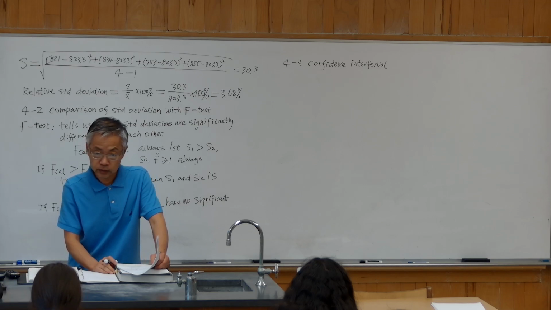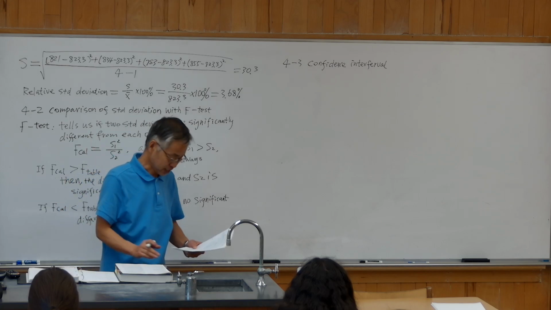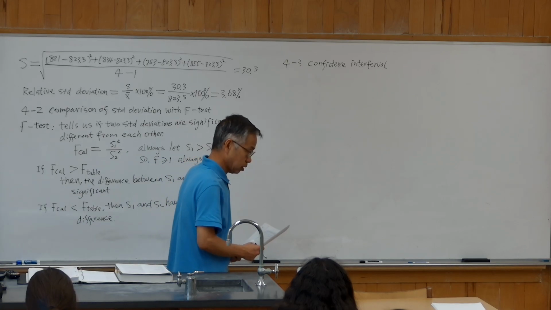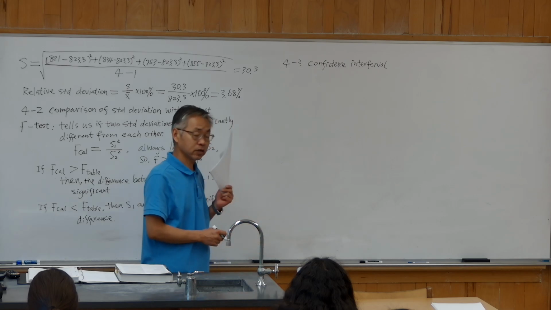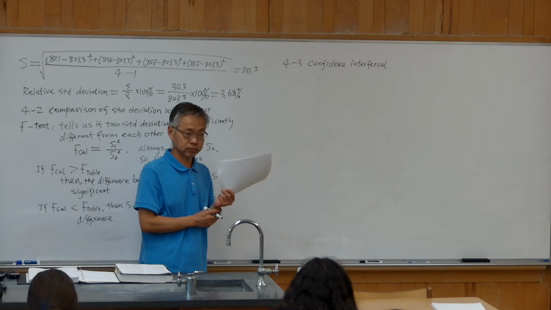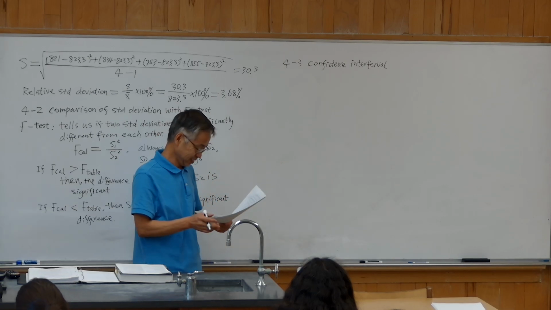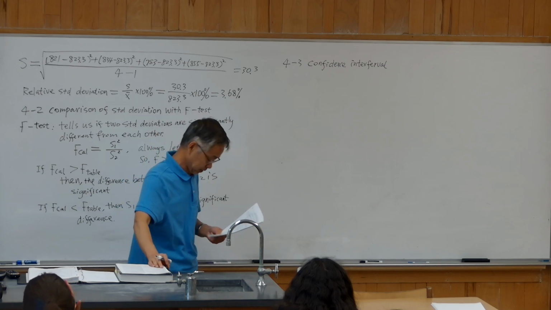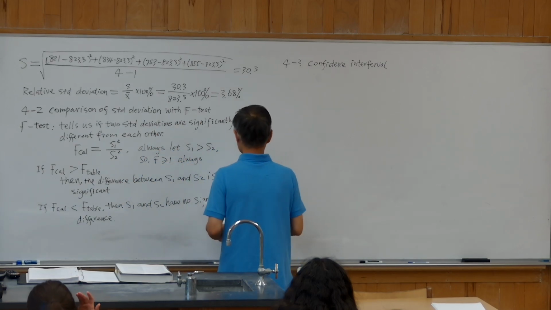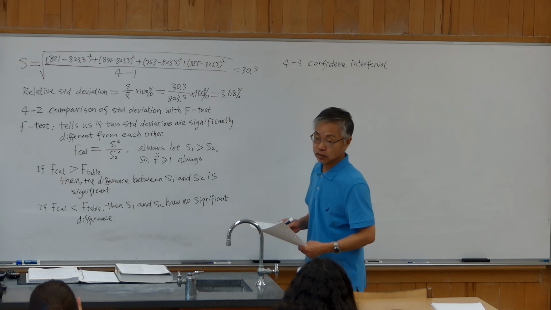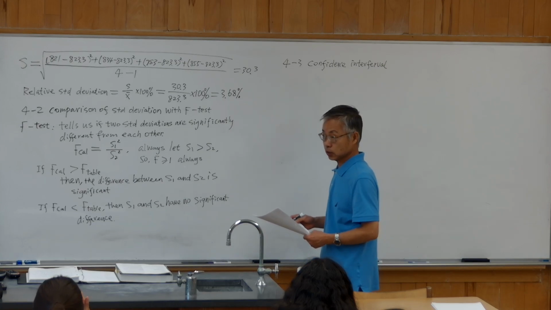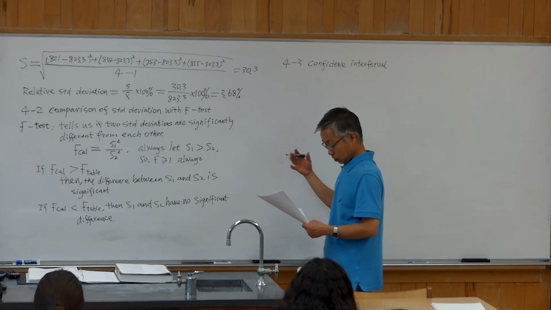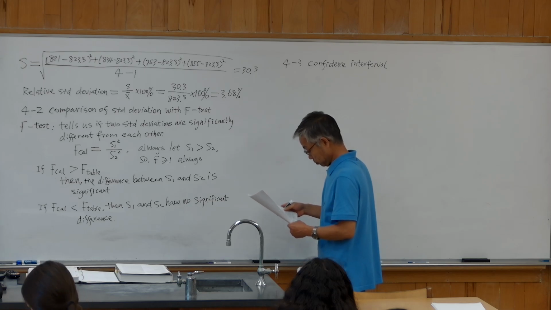But English chemist Gossett studied this problem. How can we use our finite number of measurements to predict the true value? And this is statistics. We will not discuss statistics itself, but just use it in our analytical chemistry.